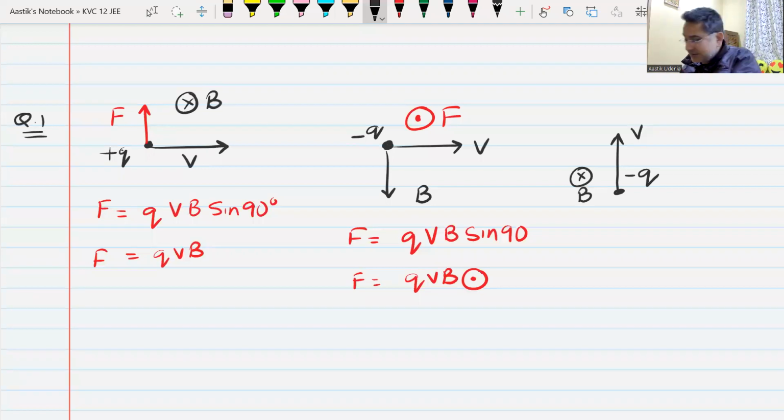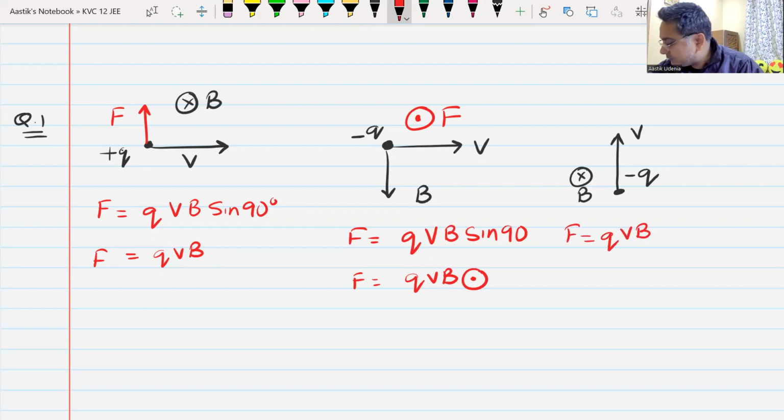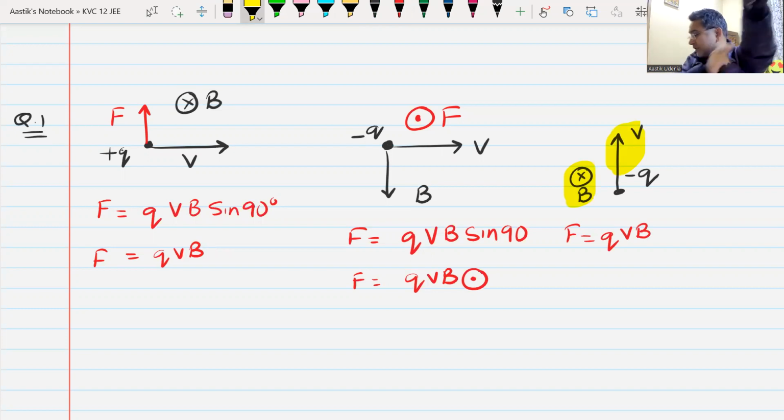That is correct. The magnitude of force F is QVB sin theta, where Q is charge, V is velocity, B is the magnetic field. The angle between V and B: V is along the y-axis, B is going inside, so the angle is 90. Sin 90 is 1, so F is QVB. Now you have to find the direction.